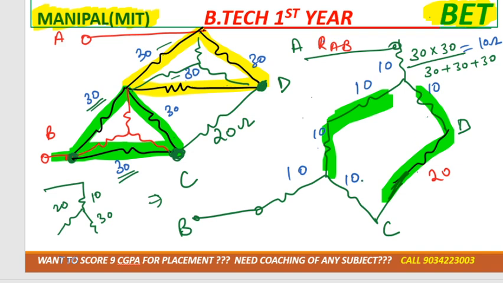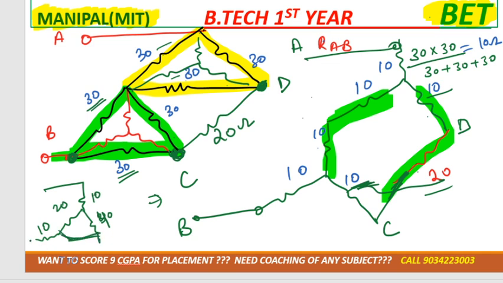And 10, 20, then 10, and this one is also in series: 10, 20, 10. So combine this as well, that will become 40. Right?